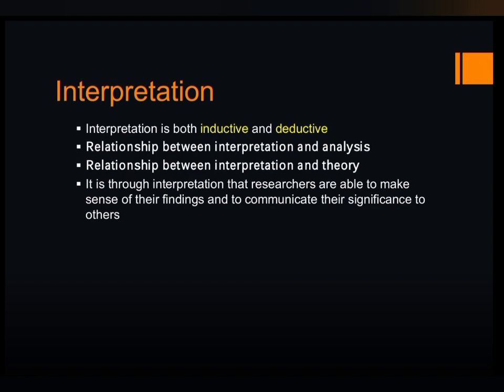Next, we must know the relationship between interpretation and theory. Interpretation and theory are closely related here. Theory provides a basic understanding of the particular research area or research study.